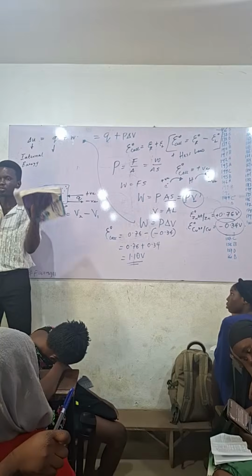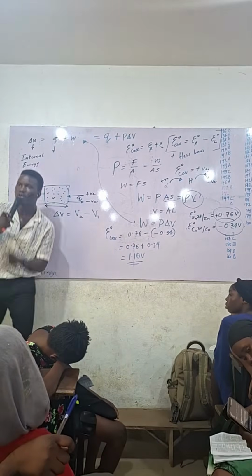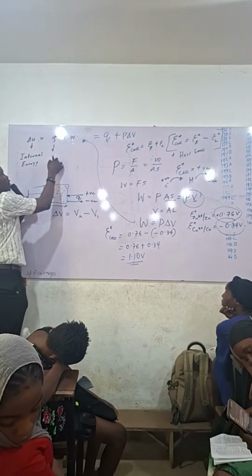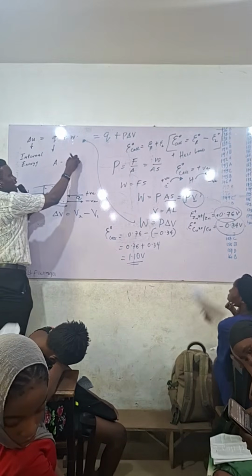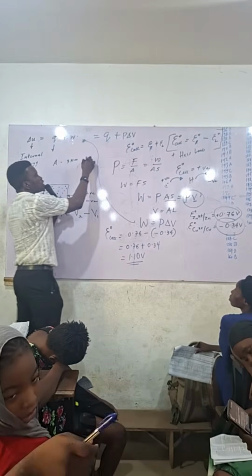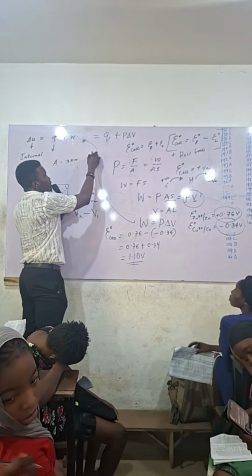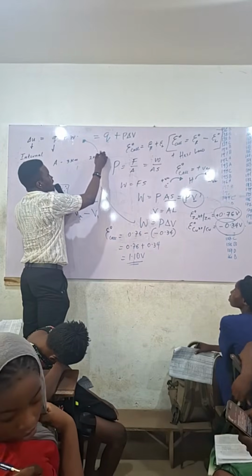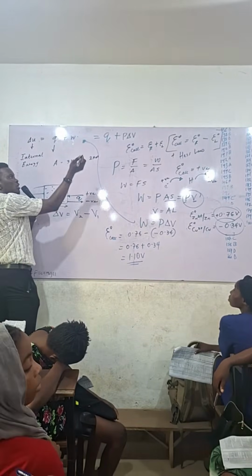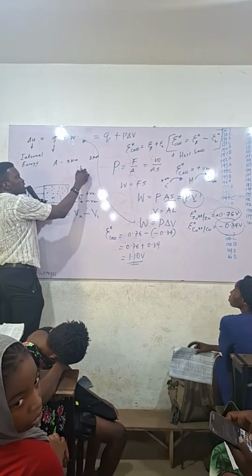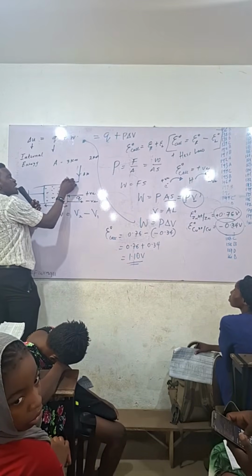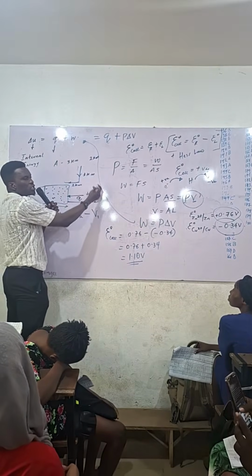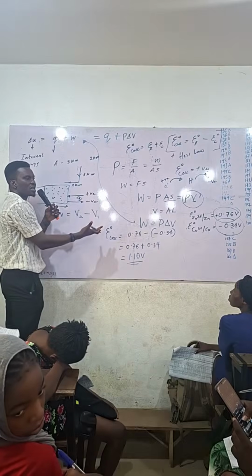I will read something out to you. Now listen to this. If I say that in physics, a boy walks 3 kilometers south and 2 kilometers west, what is the algebraic sum of the distance?